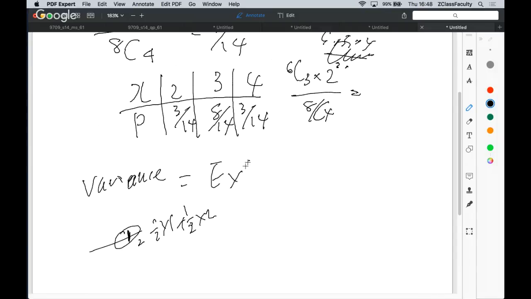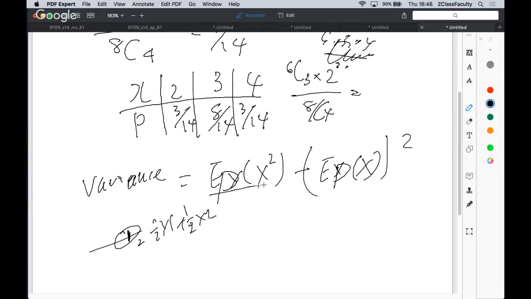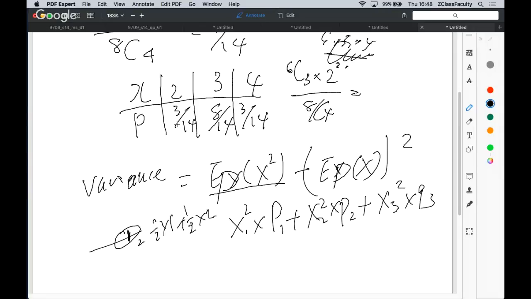So variance is equal to the expected value of x squared minus the square of the expected value of x. That's the definition of variance. To calculate the expected value of x squared, we use the first random variable squared times its probability, plus the second squared times its probability, plus the third, because we only have 3 numbers here.